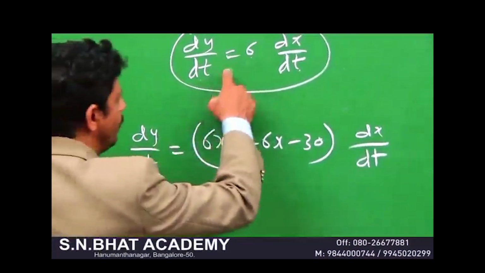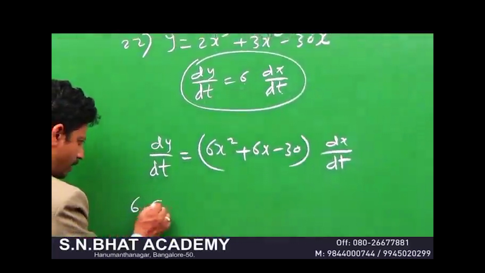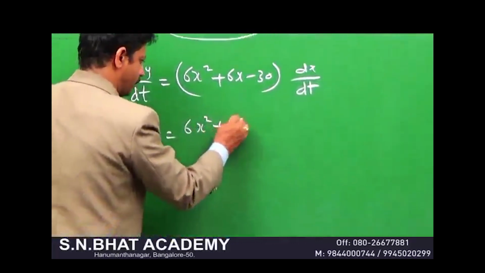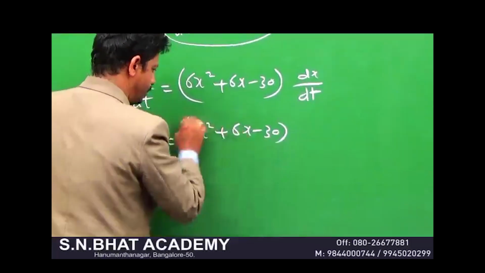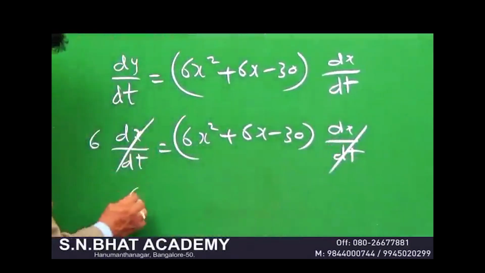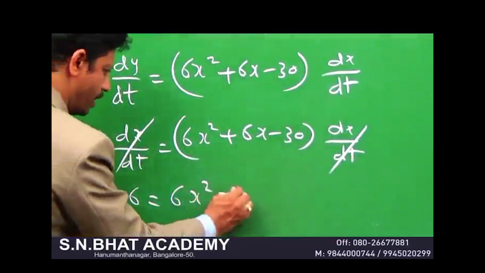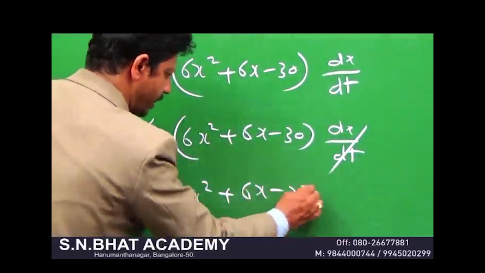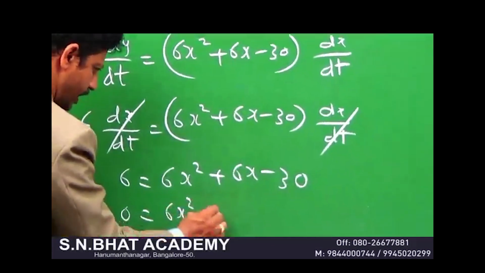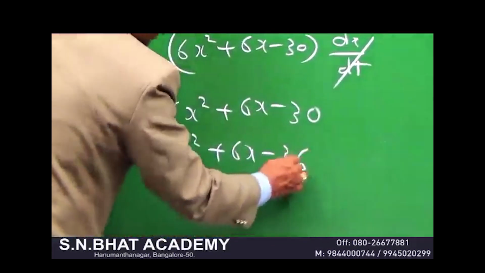Now use this condition, dy by dt is 6 times dx by dt. So 6 times dx by dt is equal to 6x square plus 6x minus 30 into dx by dt. Now cancel dx by dt, you get 6 equal to 6x square plus 6x minus 30. Now shift that 6 to RHS, you get 6x square plus 6x minus 36 equal to 0.